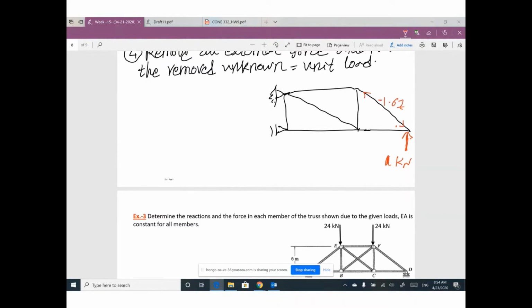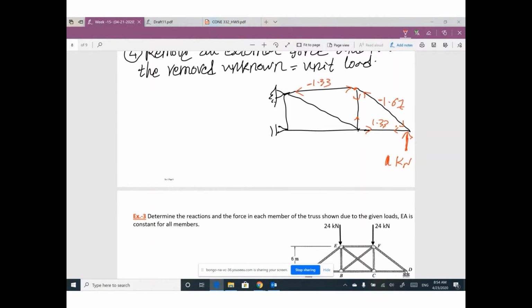This one will be tension, I believe, 1.33. If you make joint equilibrium here, this one will be compression. This one will be tension. I think 1.67 times 0.8. This one will be 1.33 negative.